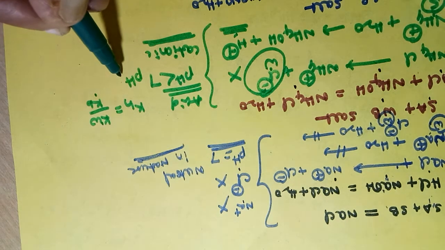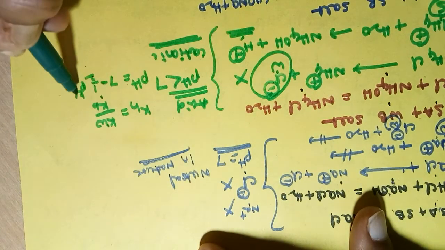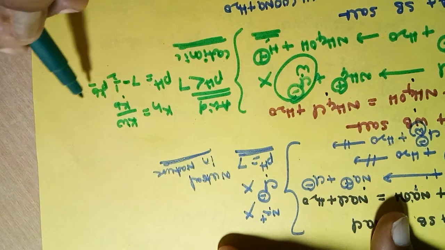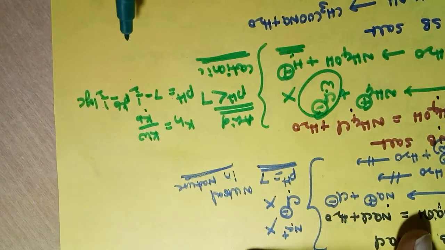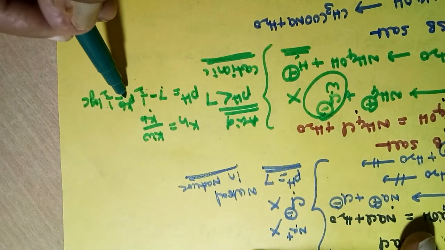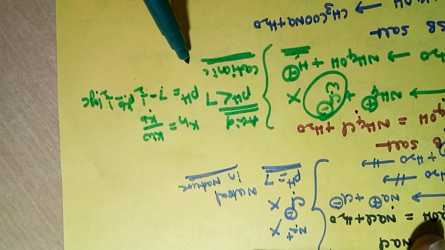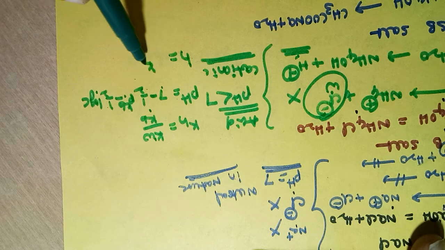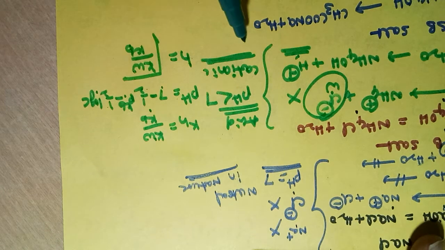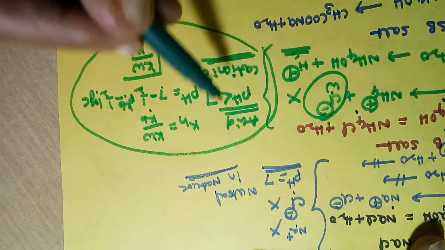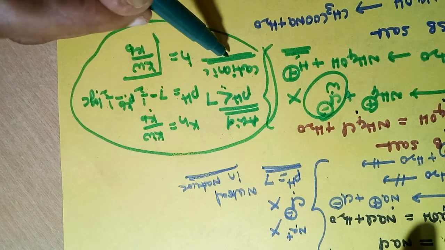The pH value can be calculated as 7 minus half pKb minus half log C. Next, the degree of hydrolysis h equals the square root of Kw by Kb times C. The solution is acidic in nature and the pH value is less than 7.